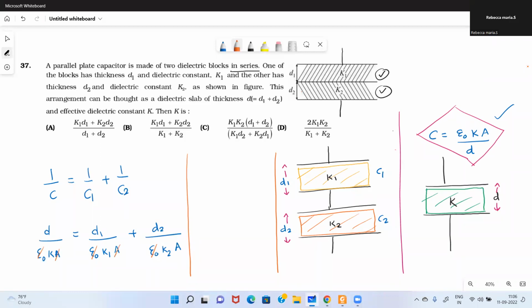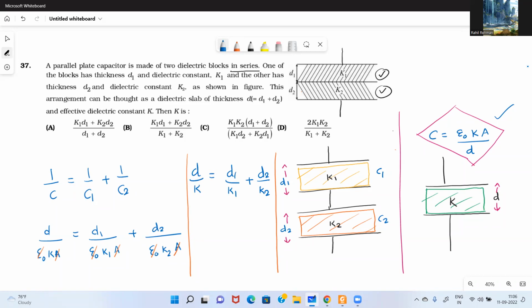Similarly, A I can take out from the right hand side and that can be cancelled with the A on the left hand side. Yes? So what is left here? D by K is equal to D1 by K1 plus D2 by K2, correct?